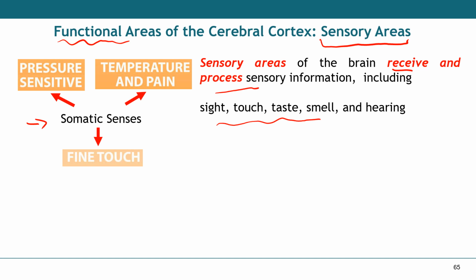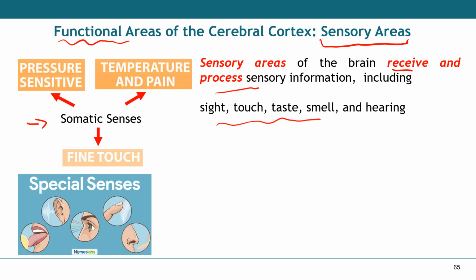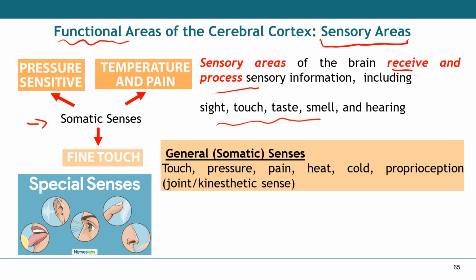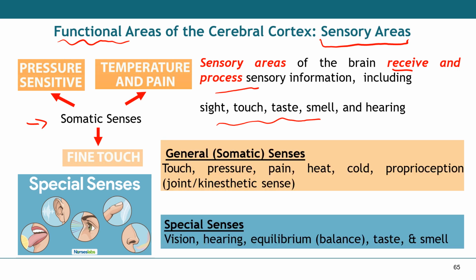For example, you have receptors that are pressure sensitive, or temperature sensitive, or ones that detect pain, all of them located in different parts of your body. You also have special senses like hearing, taste, vision, smell. All of those are special senses. So the sensory areas will have general somatic senses, and they will also have special senses.